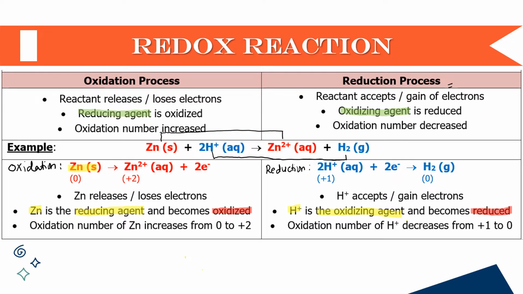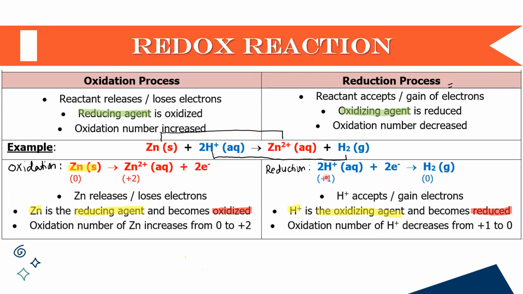Like I mentioned just now, why is it an oxidizing agent? Because H+ makes zinc undergo oxidation. And why is zinc a reducing agent? Because zinc makes H+ undergo reduction.